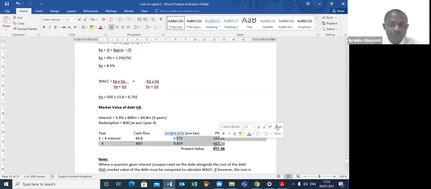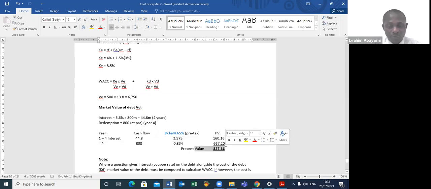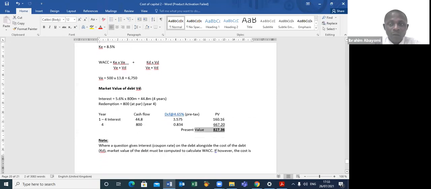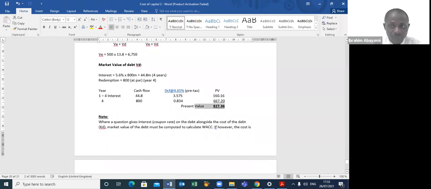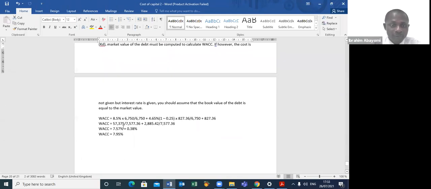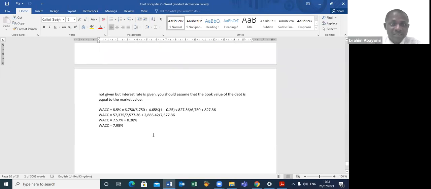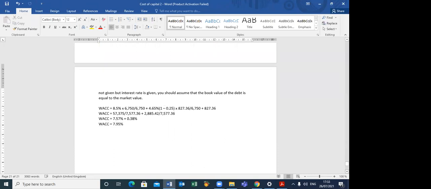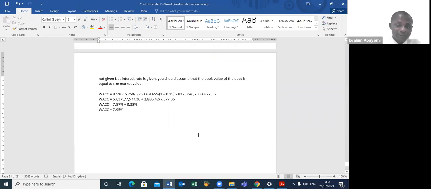Sum the two together, and you get the market value of the debt. That was how we got our market value of debt in our previous class. On that basis, we computed our current WACC to be 7.95%. That was what we did on Saturday.